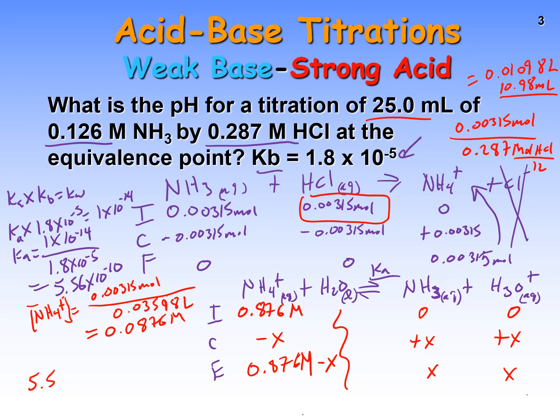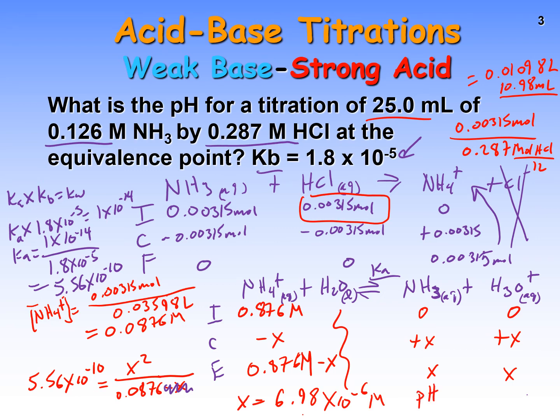So 5.56 times 10 to the negative 10 is equal to X squared all over 0.0876 minus X. I am definitely using the 5% rule here. I can solve for X, and I get that X is equal to 6.98 times 10 to the negative 6 molar.